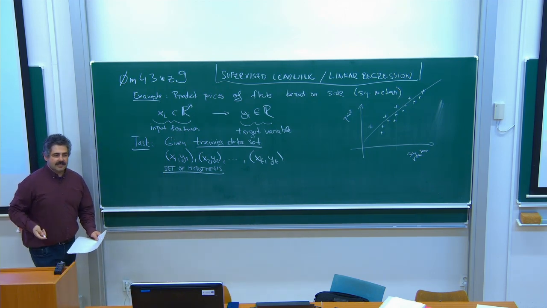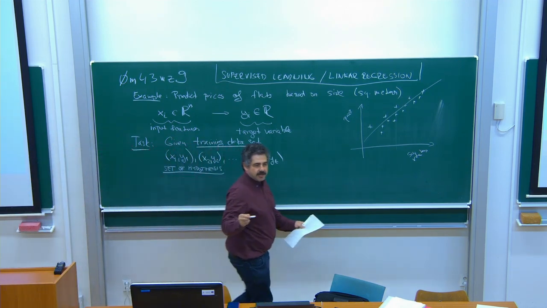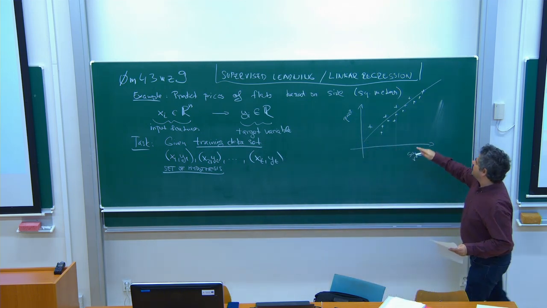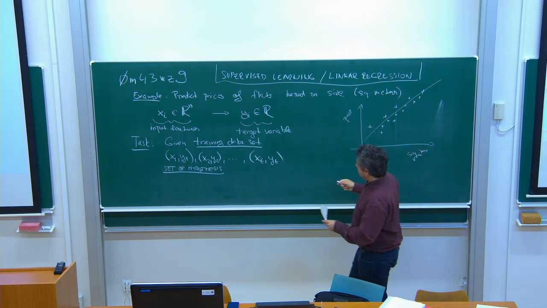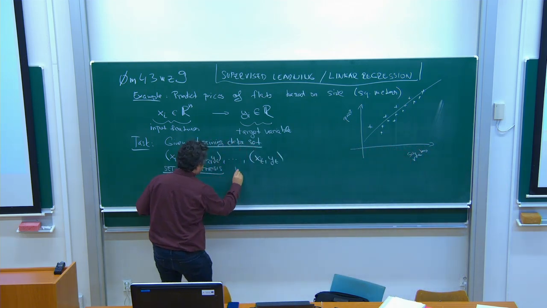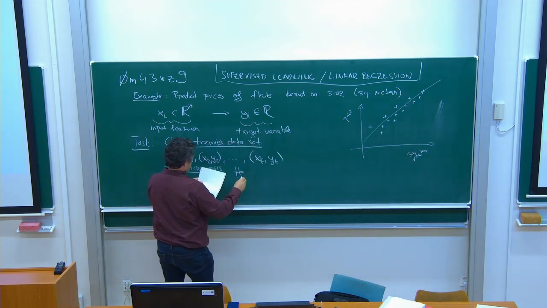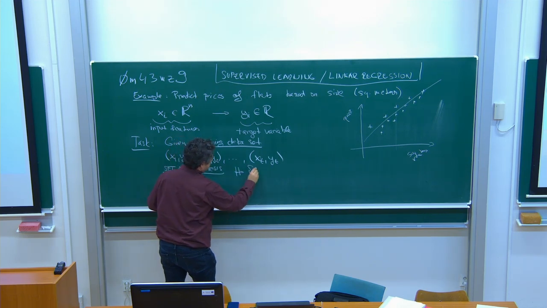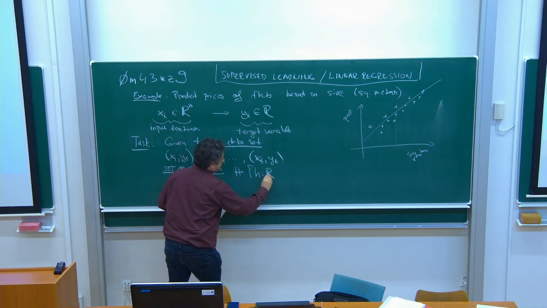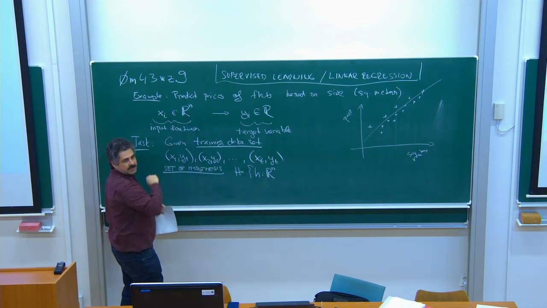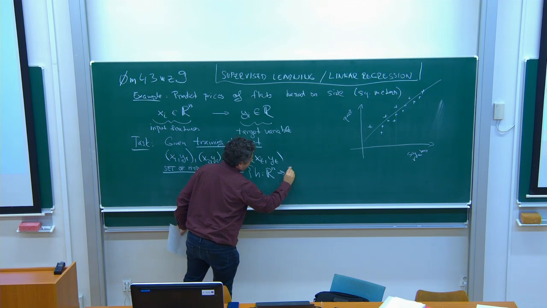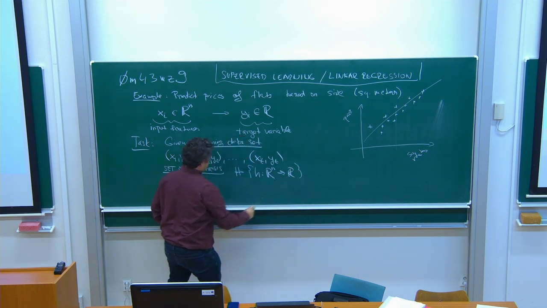Okay, so this is the set of functions that are allowed. In this case, we just want to use linear functions. So this is some kind of set of functions from this feature space to the target, right?